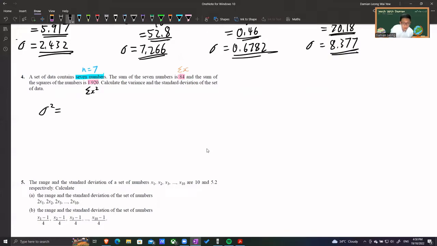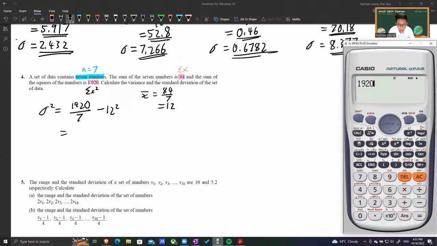Variance: 1920 divided by number of values minus mean square. So let's find the mean first. Mean is 84 divided 7, 12. So minus 12 square.